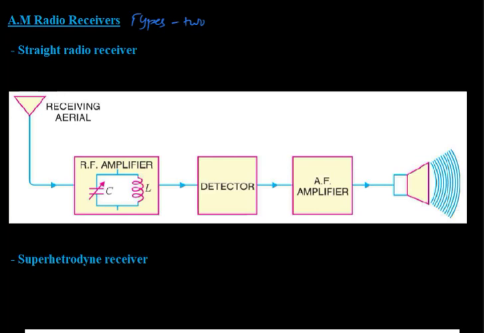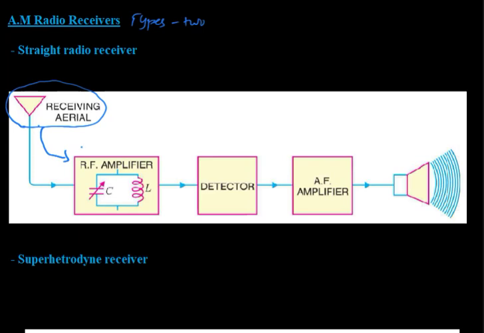Here, if you consider the block diagram of a straight radio receiver, you can see a receiving aerial here. This receiving aerial or antenna intercepts all the radio waves passing through it, and the received waves are given to a radio frequency amplifier with a tuned parallel circuit.